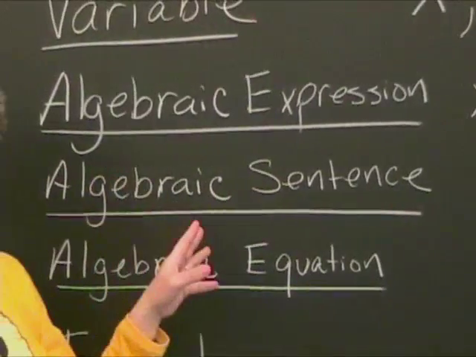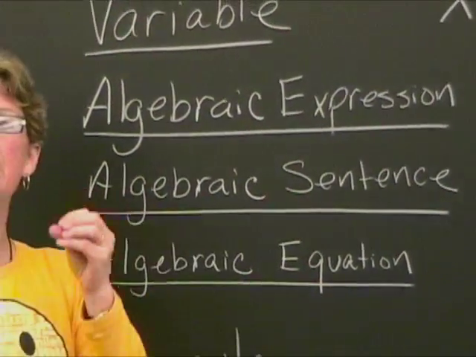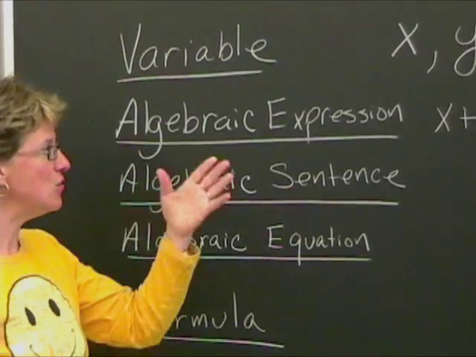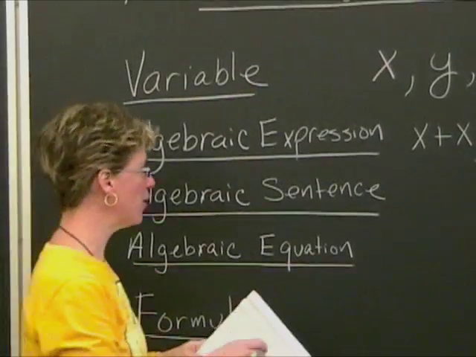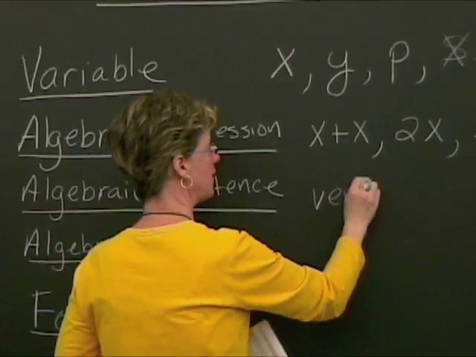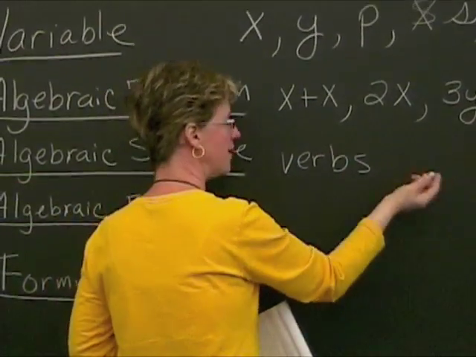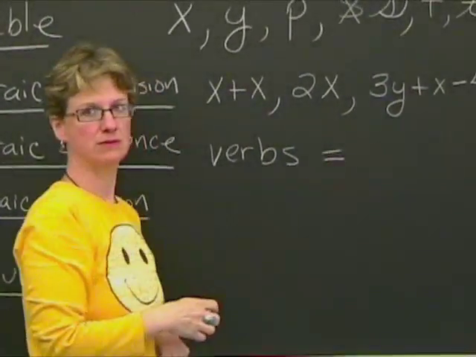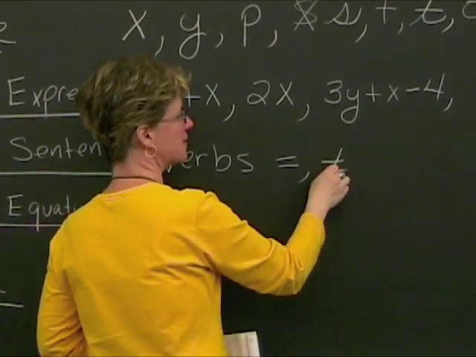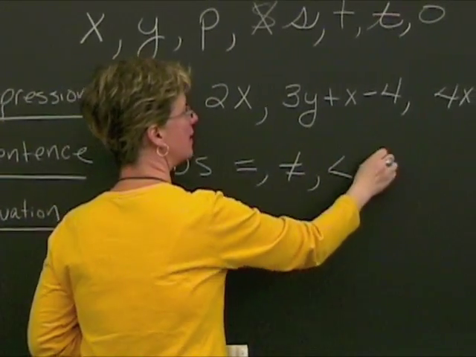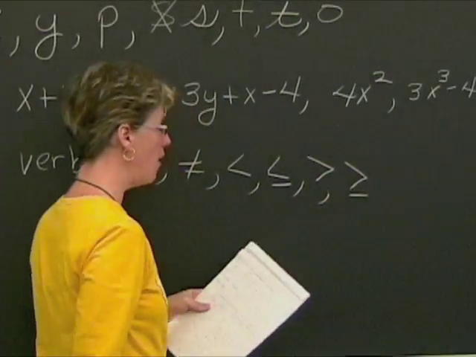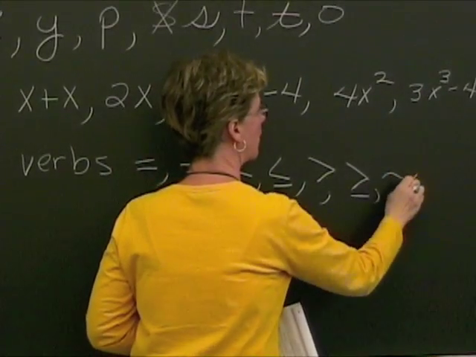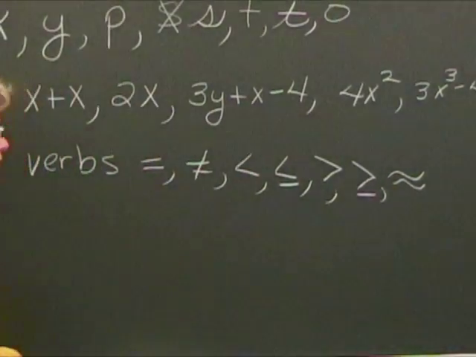An algebraic sentence will happen when you place a verb into the mix. Okay? Now, your verbs are things like equal to, not equal to, less than or equal to, greater than or equal to, and approximately equal to.